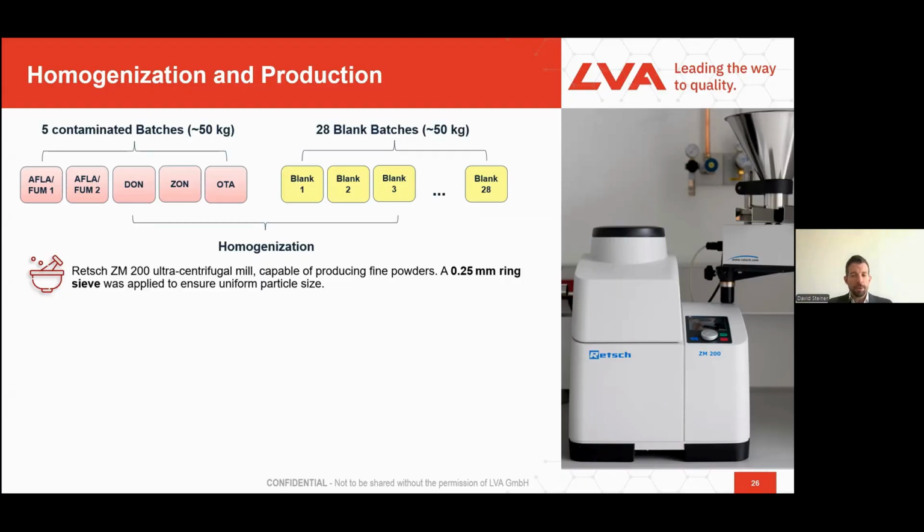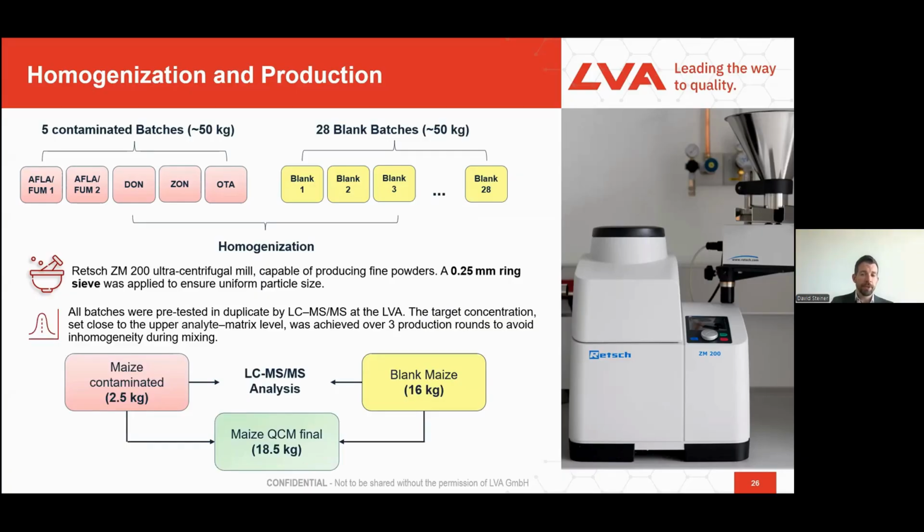Homogenization was performed using an ultra-centrifugal mill to obtain a really fine and uniform powder, which is essential to ensure homogeneity.